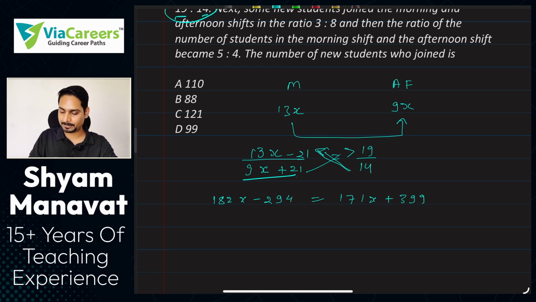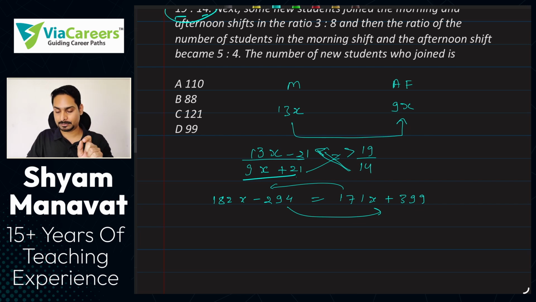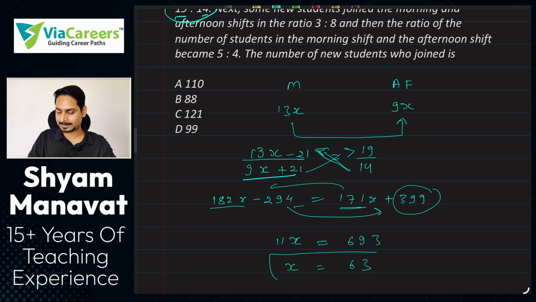Now if you simplify, change the side of the smaller value. So 182x minus 171x will become 11x, equal to 399 plus 294, as we take it to this side and it becomes plus. This will give you 693. Yeah, 693, correct. So based on this, the value of x here will be 63. That's the value of x.